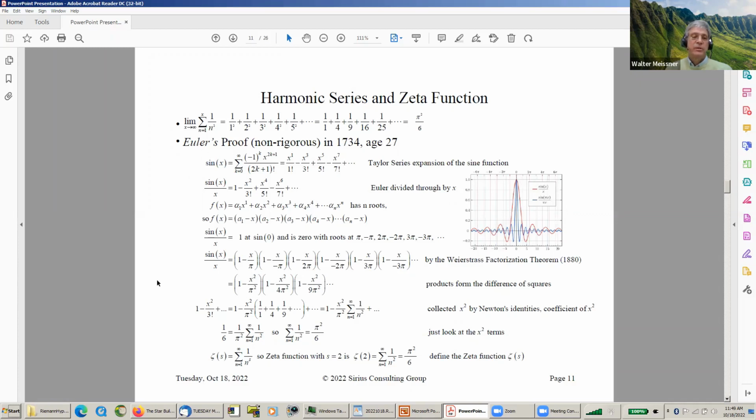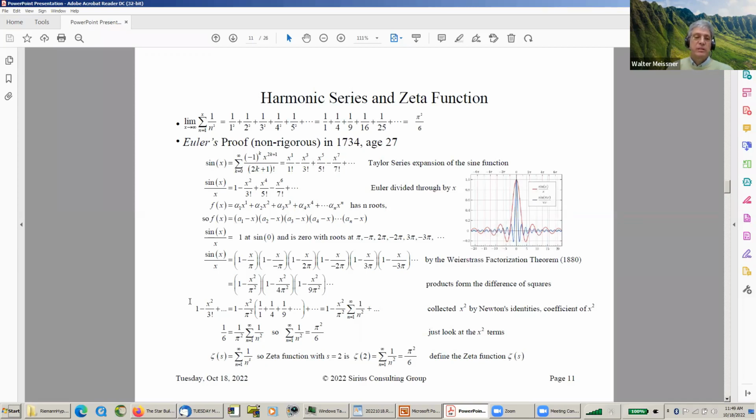And if you look at the original equation, sine x over x expands to 1 minus x squared over 3 factorial plus the other terms. And if you were to multiply this product out further, you'd obviously get powers of x to the 4, x to the 6, and so on.